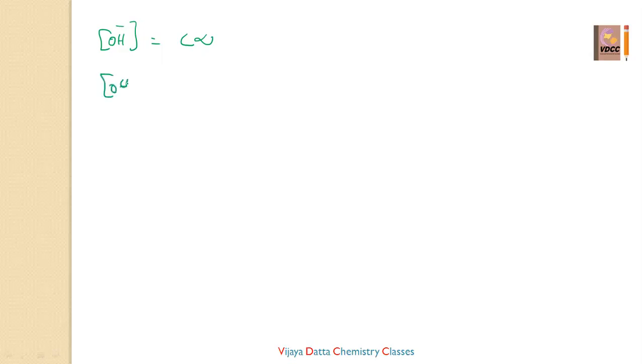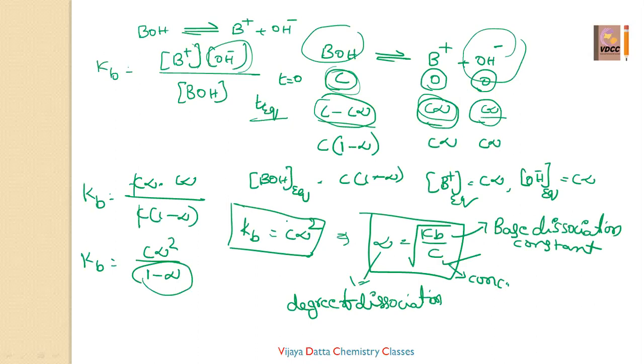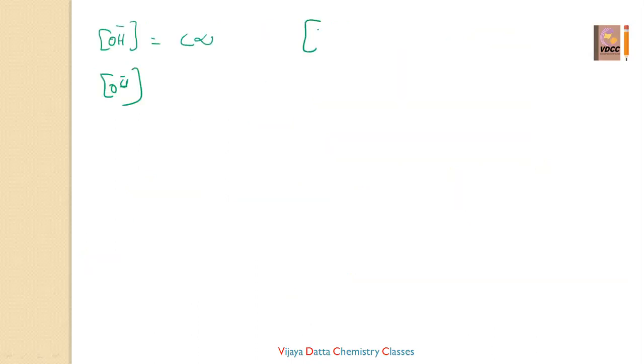What is alpha from the previous result? Alpha is root Kb by C. I will substitute that value here.